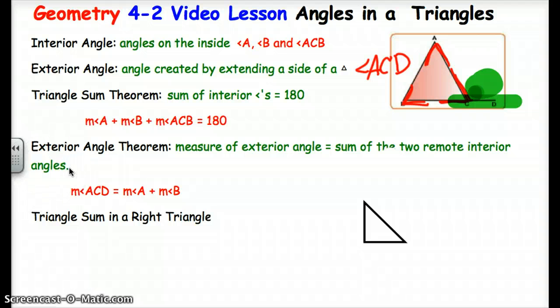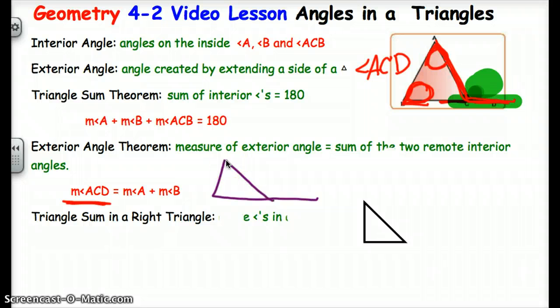So when I add them up, my exterior angle here is ACD. That's my exterior angle, ACD. I'm going to add the 2 that are farthest away, which are A and B, and they're going to equal that exterior angle. So a real quick example here, people.